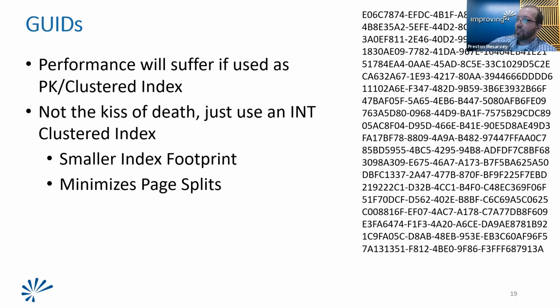GUIDs, this can sometimes turn into somewhat of a contentious argument. I get it, GUIDs are what they are. The only place where I really hate to see them in a database is when they're used as the clustered index. If you default a table to have the primary key as a GUID, it's going to write itself to the clustered index.